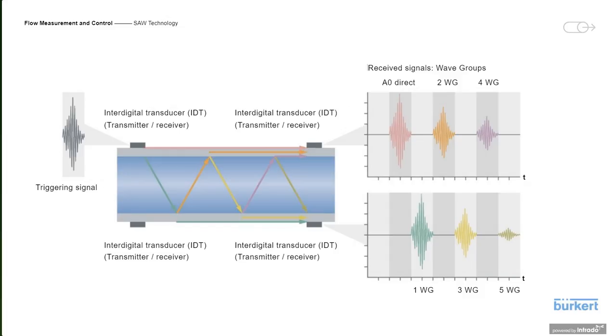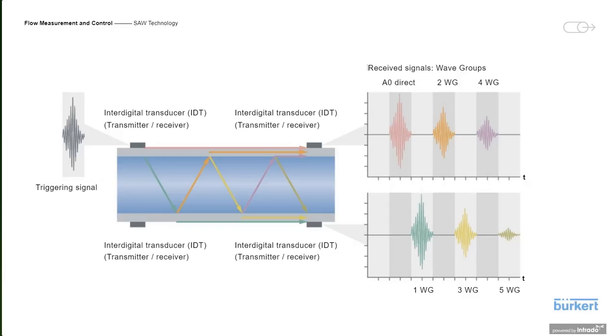At the same time, a part of this energy is also mode converted, and it's traveling through the pipe, through the liquid, to get to the other side and reconverted as surface acoustic waves, and that's the green path, to get received on the bottom right transducer as the first wave group. So this is the path that is once traveling through the liquid.